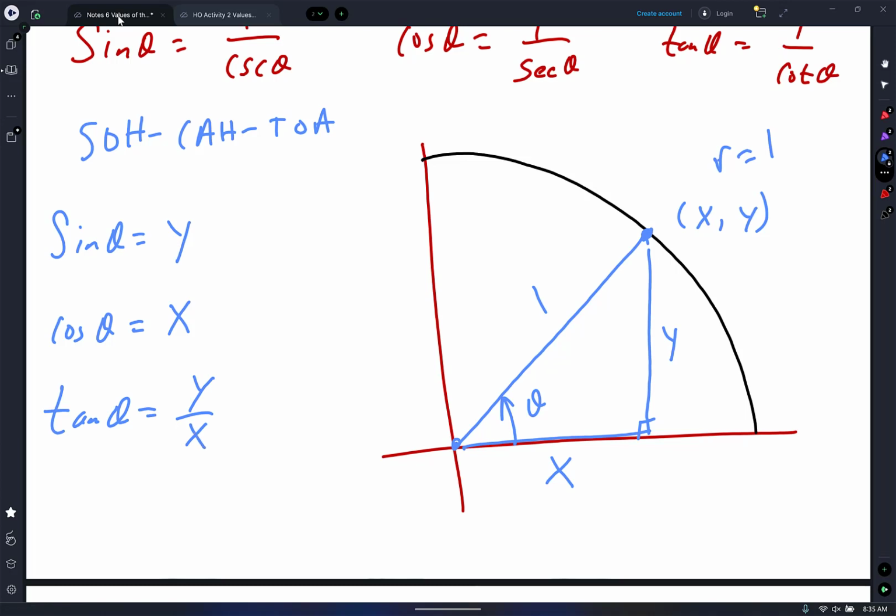So if that's true, then that means that cosecant theta is equal to 1 over y. It means that secant theta is equal to 1 over x. And it means that cotangent theta is equal to x over y. All this we already know, I hope, at some level. Right, guys?